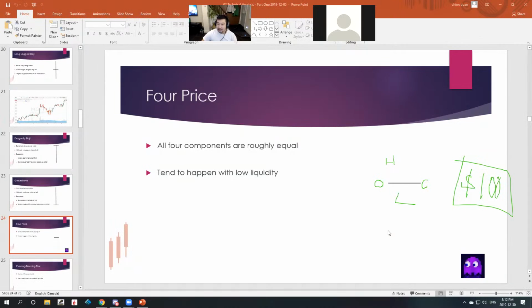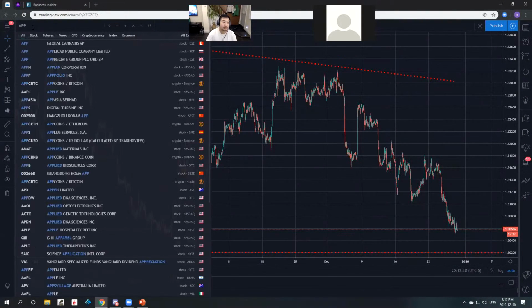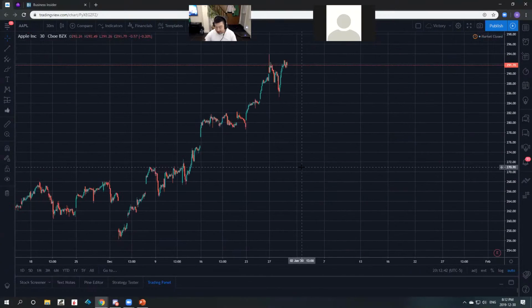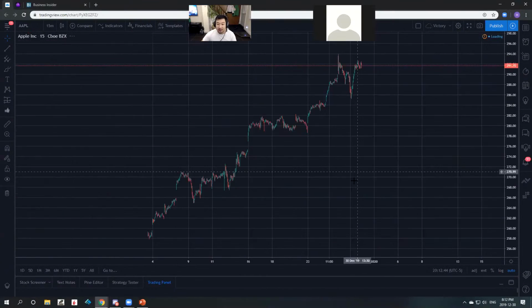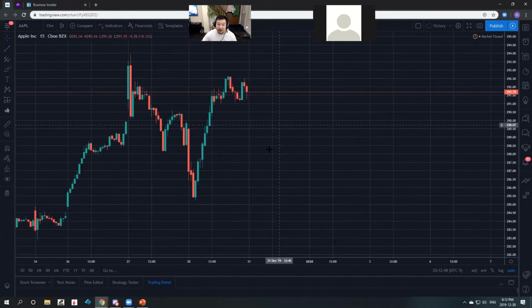And I'll give you guys an example here. Take a look at a stock like Apple. You can see here in a stock like Apple, if you look at 15 minutes, candles are relatively very strongly pronounced.